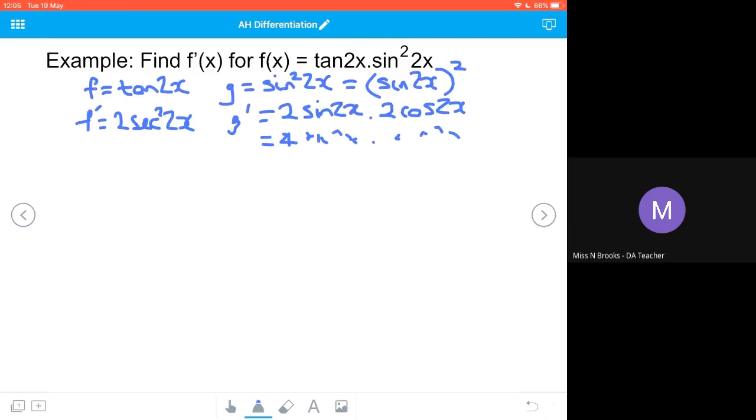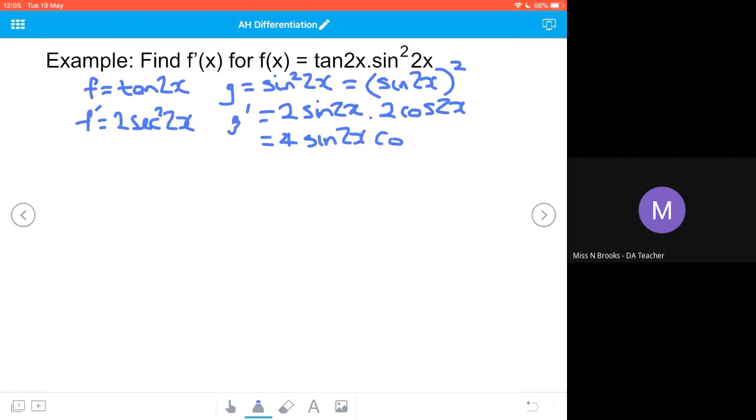We'll rewrite that again because it seemed to glitch a bit. From higher maths, 2 sine x cos x equals sine of 2x. And so we can rewrite this as 2 sine 4x, which is going to make life much easier as we simplify once we're putting it into our product rule.